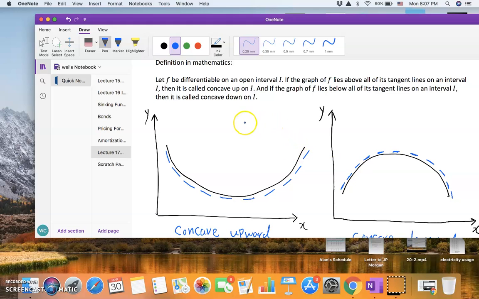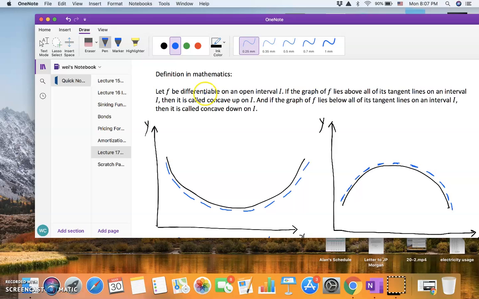Now the formal definition of concavity is given here. Let the function f(x) be differentiable on an open interval I, so that means the derivative of f(x) exists everywhere on this open interval.